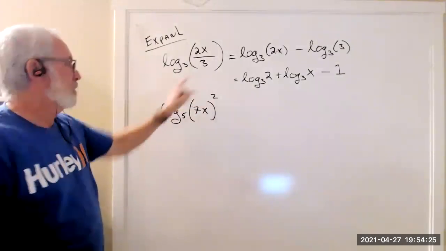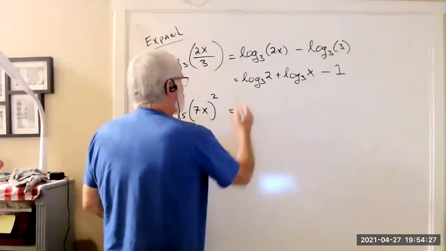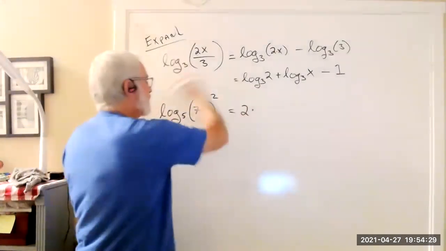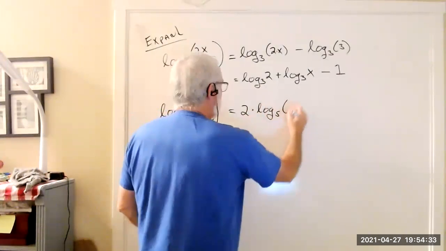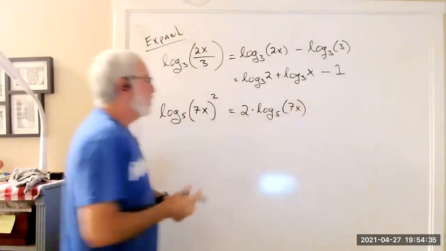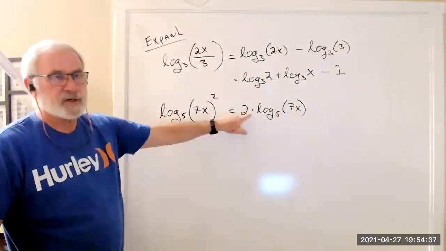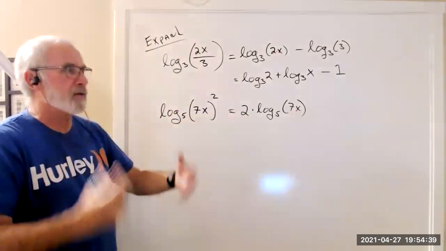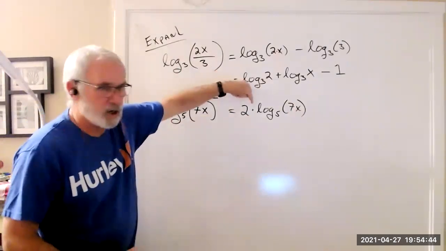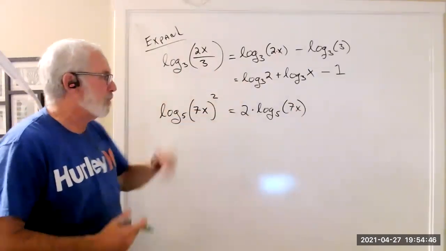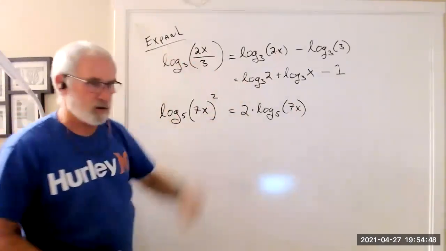You can put it in front, multiply it by the log. So the first thing I would do is bring the 2 in front and write 2 times the log base 5 of 7x. Now, you guys don't have to put the dot there for times. I'm putting it there to stress the rule. It's 2 times that log. Most books will just put 2 log.